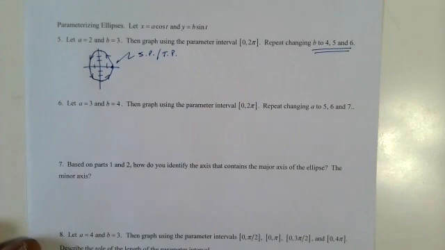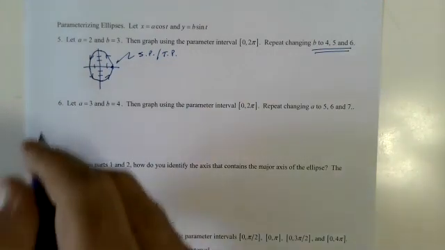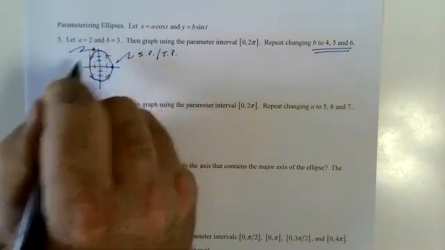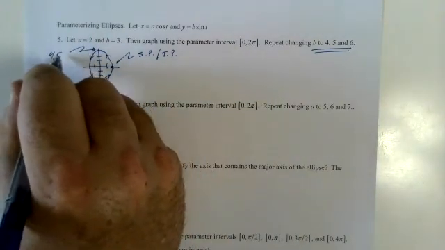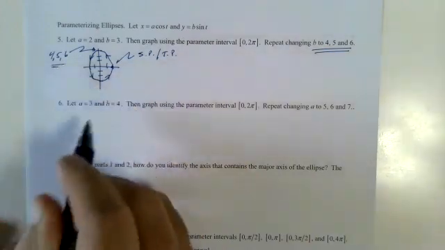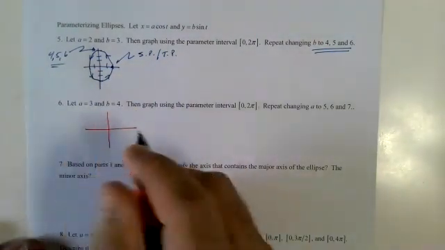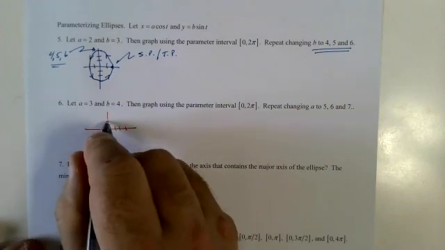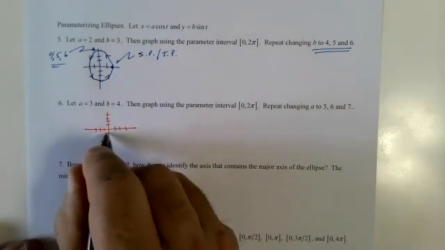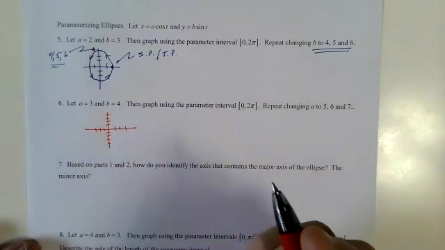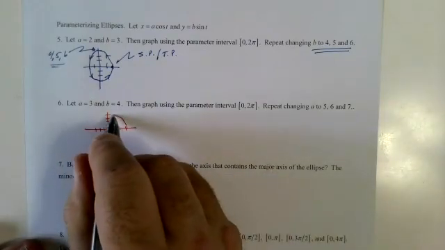Now, what if we had 3 and 4? Well, just write this in. Same deal.